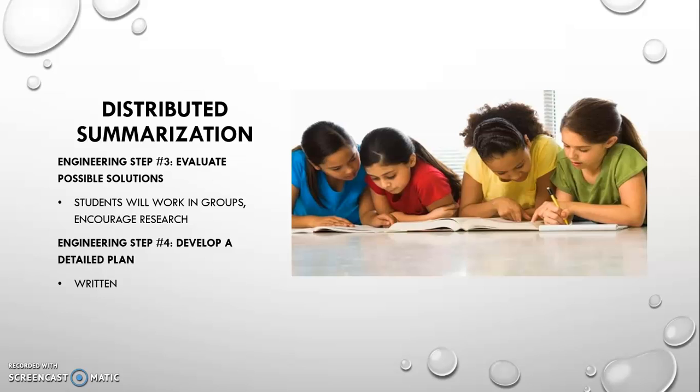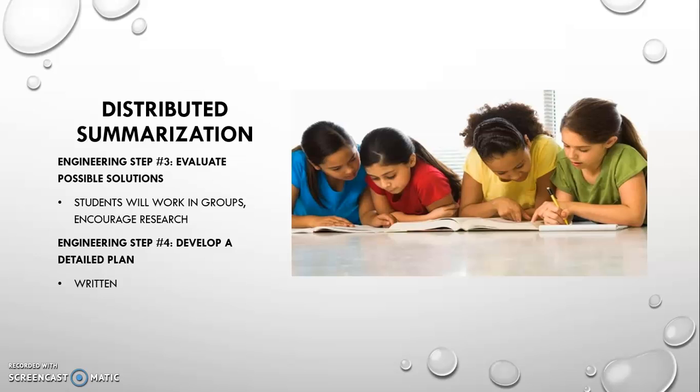We are one-to-one with iPads, so I would encourage my students maybe to look up and see how real world engineers could solve this problem and what they use, and then see what materials could mimic that we have in our classroom for this lesson. So I would encourage them to do research, to look at the materials, to think about what they know about oil and that kind of thing. And I would, of course, go around and monitor as they are working.